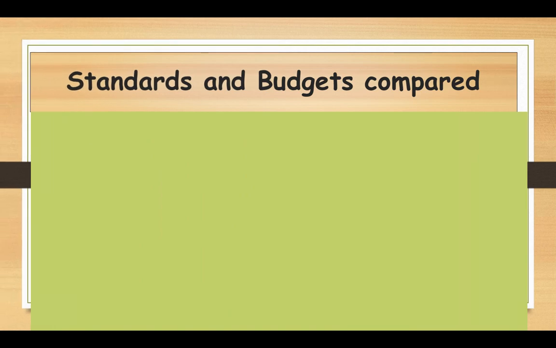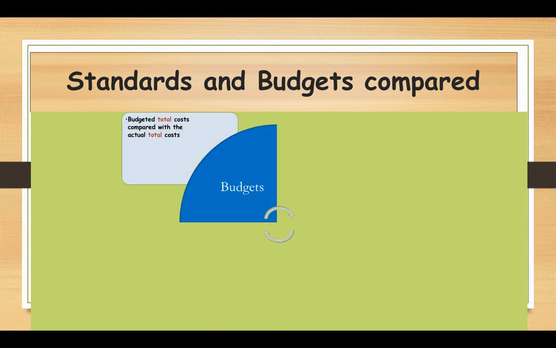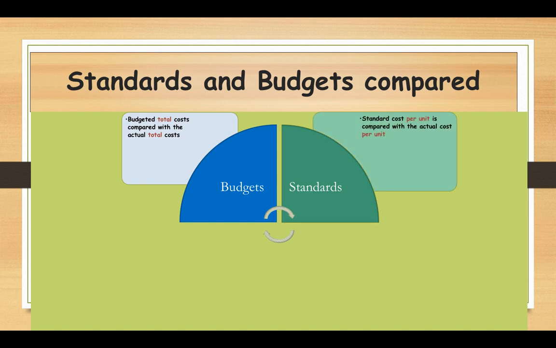Here we are going to compare standards with budgets. In budgeting, the budgeted total cost is compared with the actual total cost. For example, the budgeted marketing cost is compared with the actual total marketing cost. But in standards, we compare the standard cost per unit with the actual cost per unit.